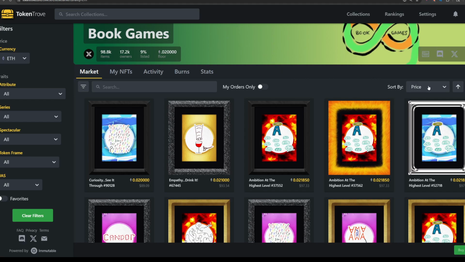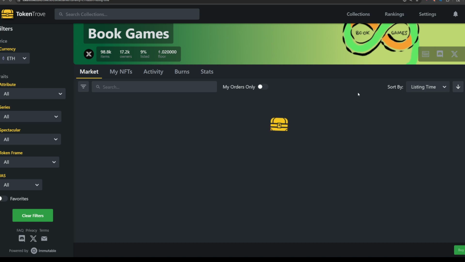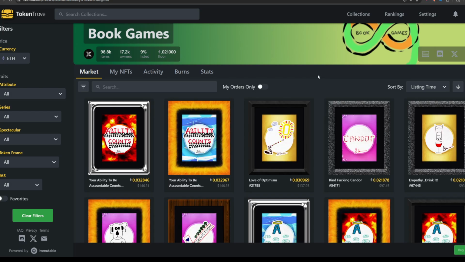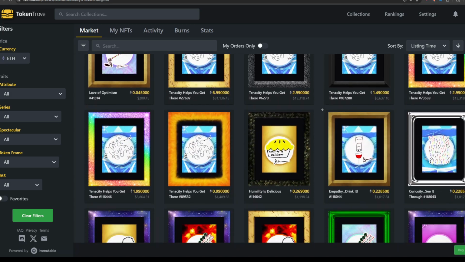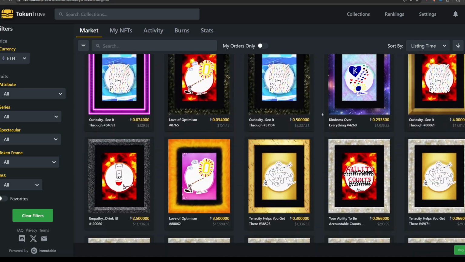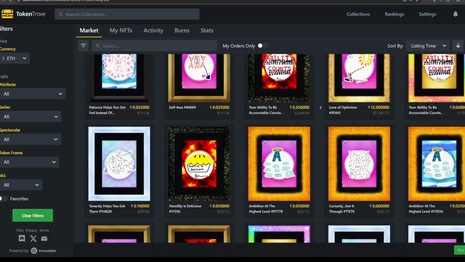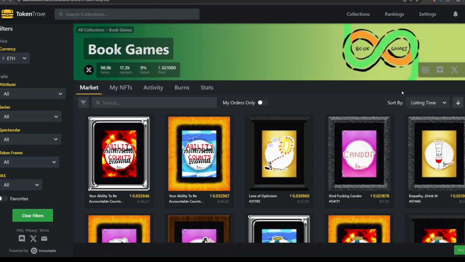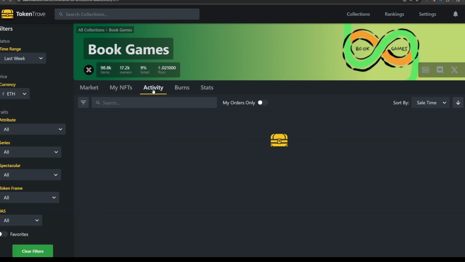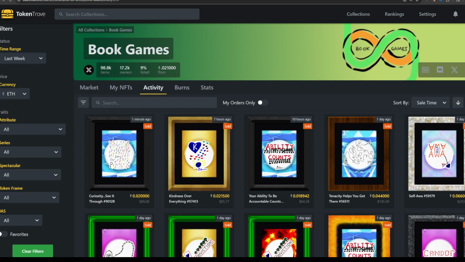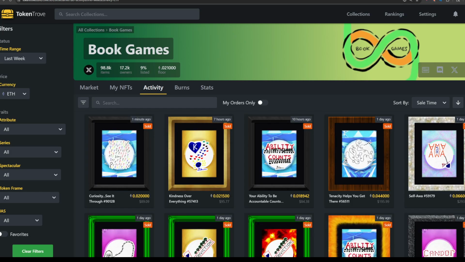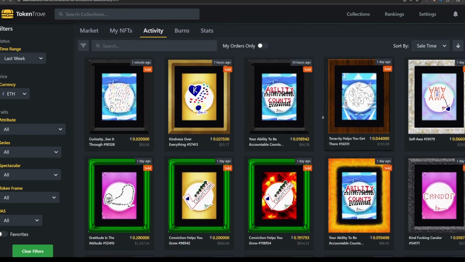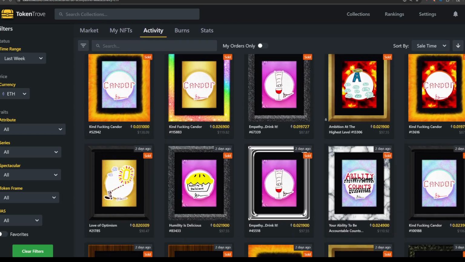Well, we always first begin by checking out the listing time to see if we can find any snipes. Check to when you first remember it being refreshed, the newest in your first entry. And then we check the activity, sale time, and scroll back to where you first remember the last one, most recent.